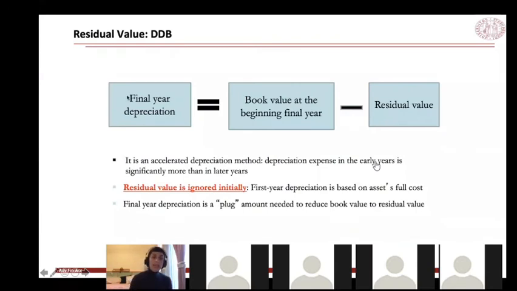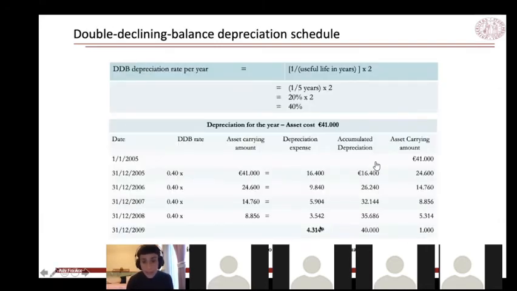Okay, so in this case, with the double declining, if you have a look here, computing the last year's depreciation expense can be a little bit tricky, because when you go towards the end of the depreciation schedule, you might need a plug amount to compute the last year's depreciation expense, which is not necessarily, as in this case, 40% of the asset carrying amount.